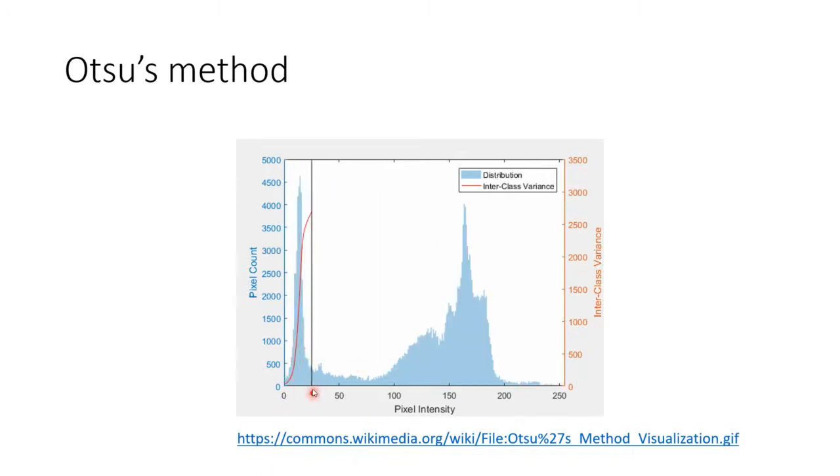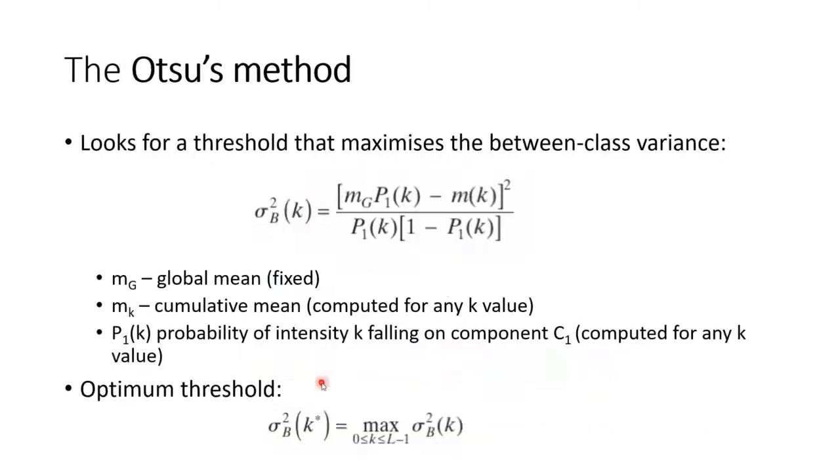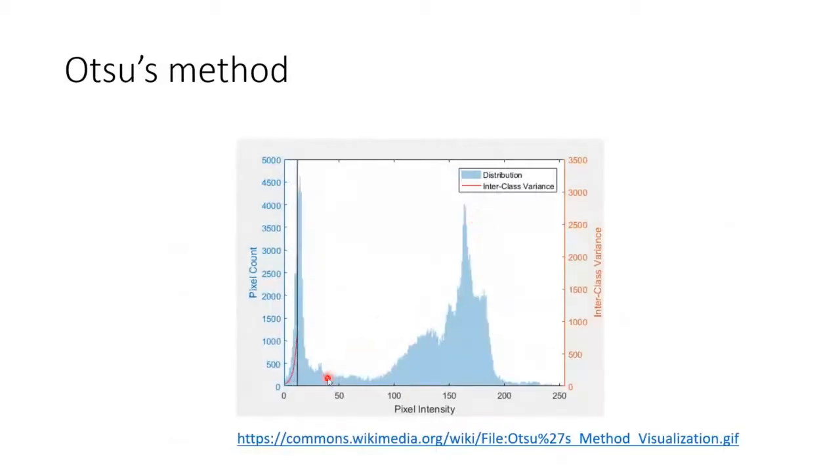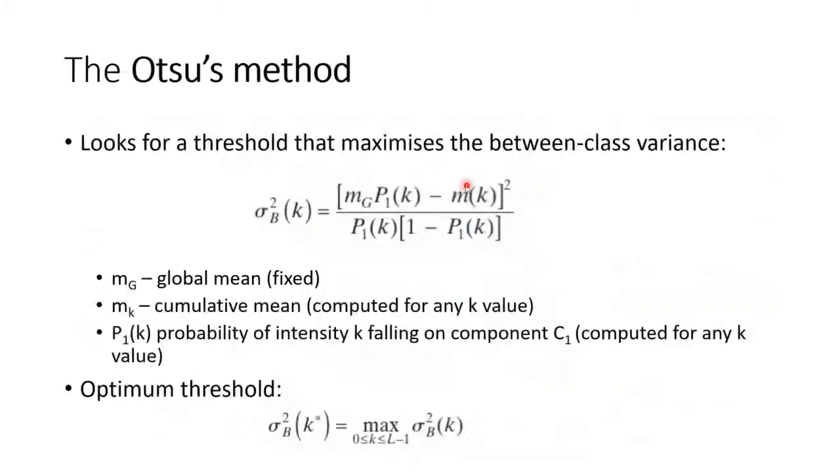It passes by, and basically at every step, it's calculating this bit. At every step, it is accumulating the mean value of intensity. So it's getting all the intensities up to that point, calculating the mean value, and with the mean value, you calculate the between-class variance.